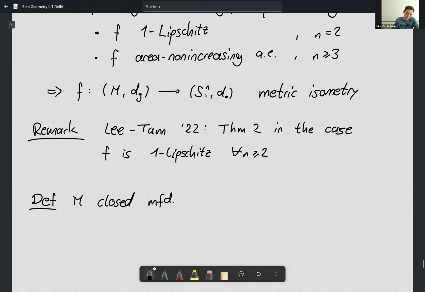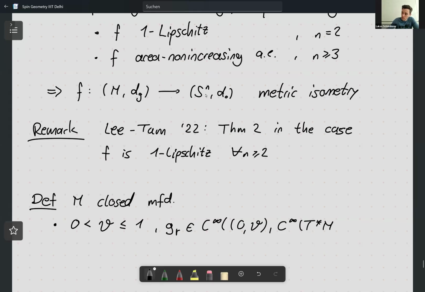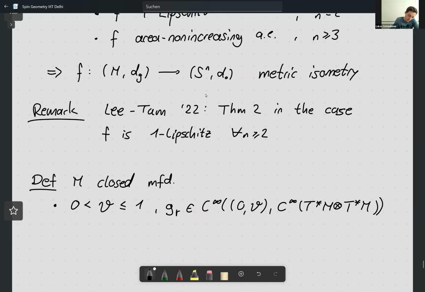So assume that M is a closed manifold, and assume that we have some number theta between 0 and 1 and a smooth family of metrics on this interval from 0 to theta, with elements in the smooth Riemannian metrics on M. So this is a smooth family of Riemannian metrics.